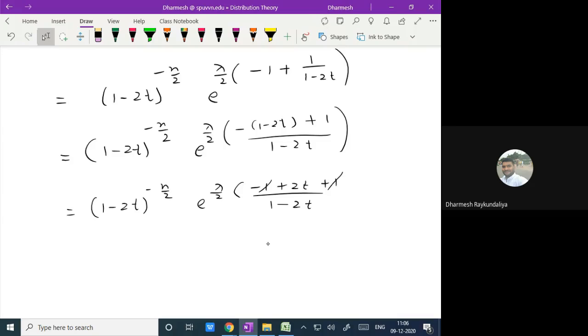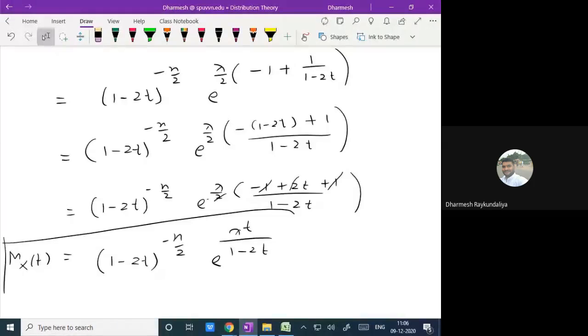This 1 will be cancelled out, and this 2 will be cancelled out with 2. So it is (1 - 2t) raised to minus n by 2, e raised to lambda t upon (1 - 2t). So this is nothing but the MGF of non-central chi-square distribution with n degrees of freedom, and non-centrality parameter lambda.